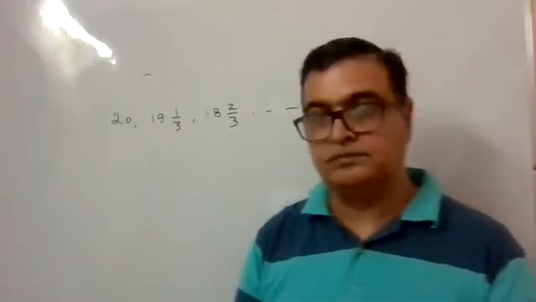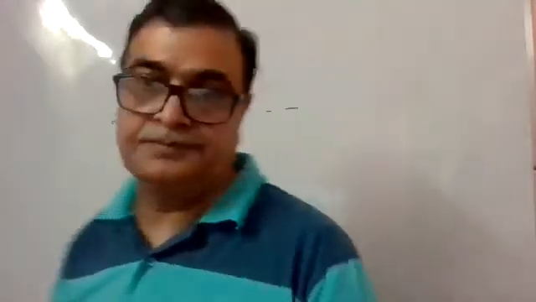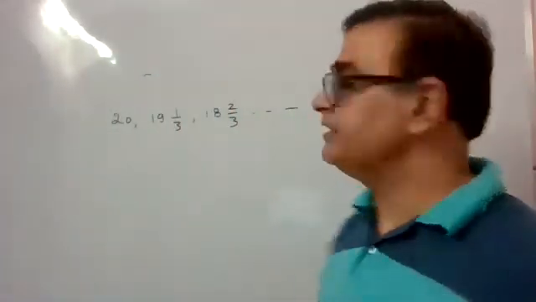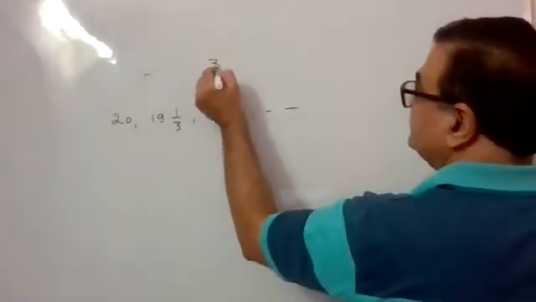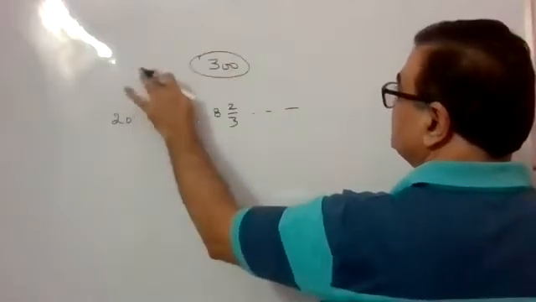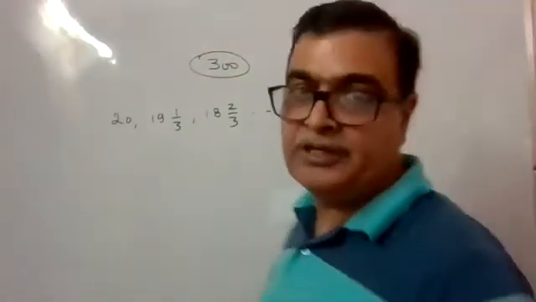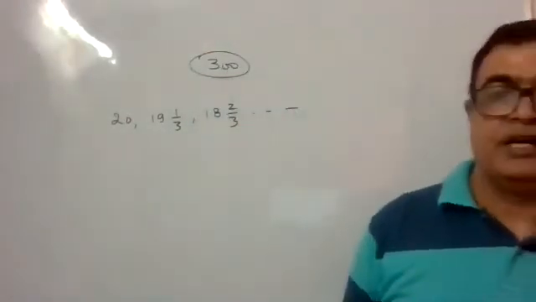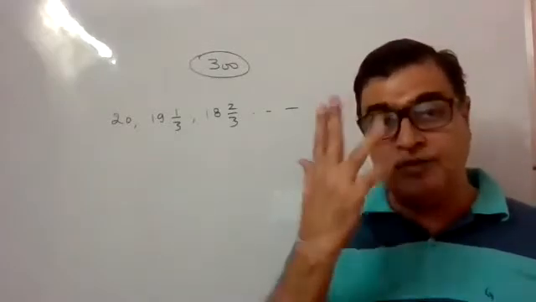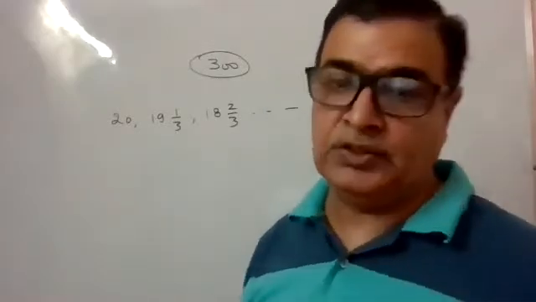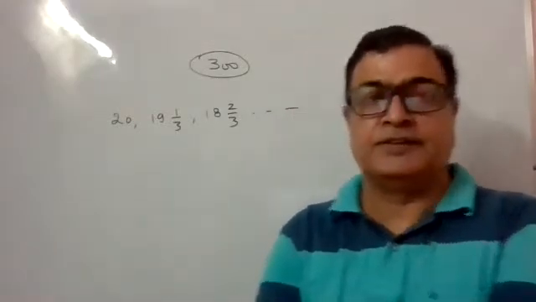So what is the sum? Sum is 300. Sum is given as 300. My question is, how many terms are there which will make sum 300? And why we have double answer, you should tell that also. You have to explain why it is.